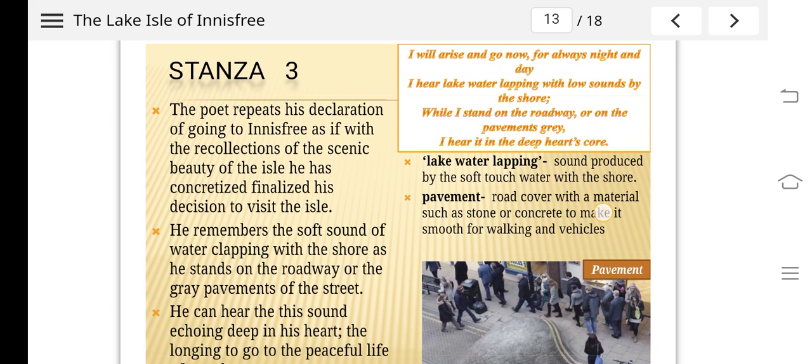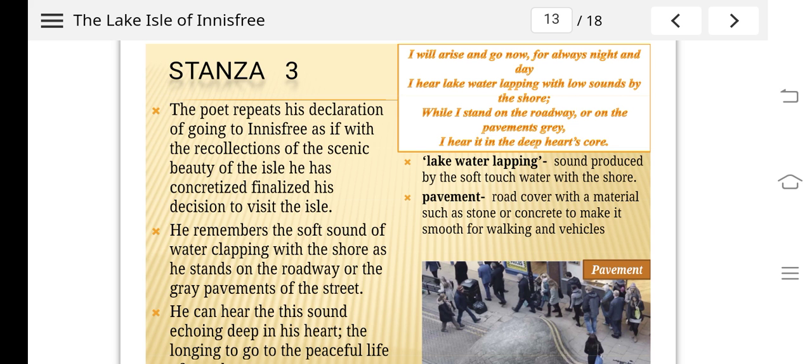Now let me do the explanation part. The poet repeats his declaration of going to Innisfree as if with the recollections of the scenic beauty of the isle. He has concentrated and finalized his decision to visit the isle.